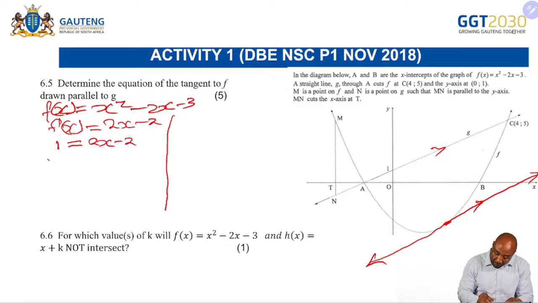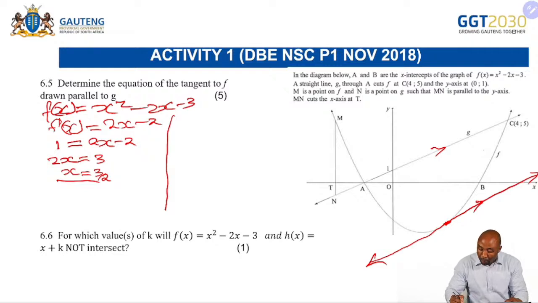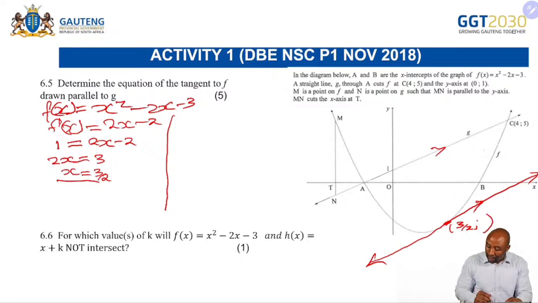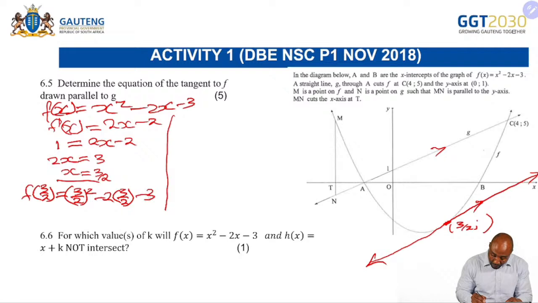And that should give our 2x as equal to positive 3, and we get our x as 3 over 2. This is the x value at the point of contact between the function f of x and the tangent. We must get the corresponding y value there. So to get the corresponding y value, we evaluate f of 3 over 2, which should be given by 3 over 2 squared minus 2 times 3 over 2 minus 3.